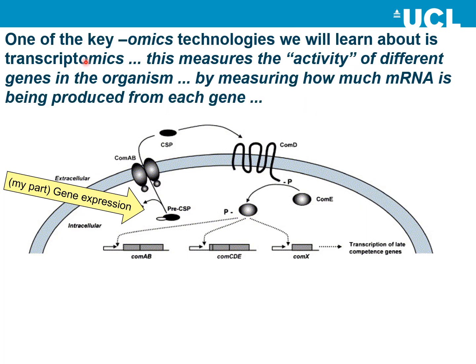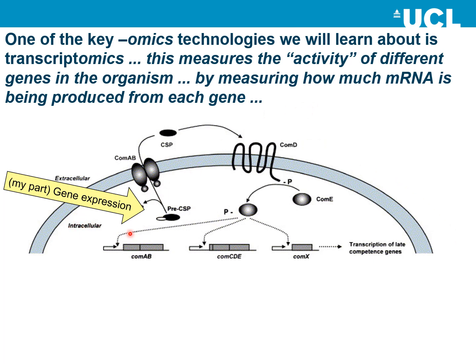One of the key omics technologies we will learn about is transcriptomics. This measures the activity of different genes in the organism. Essentially, it measures how much messenger RNA is being produced from each gene.